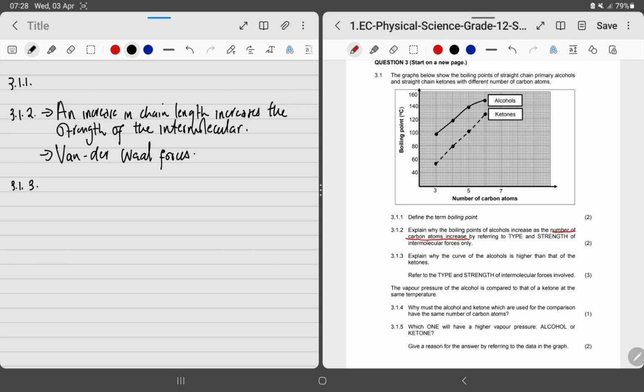3.1.3. Explain why the curve of the alcohols is higher than that of the ketones. Refer to the type and strength of intermolecular forces involved.